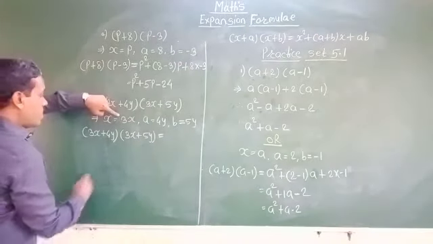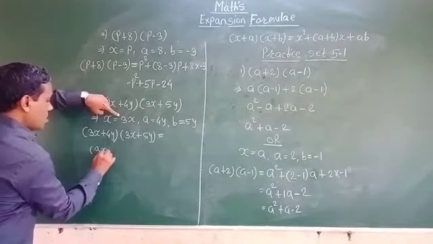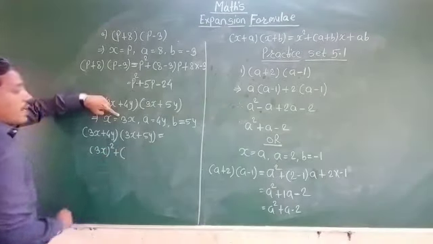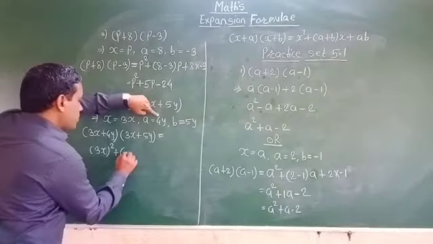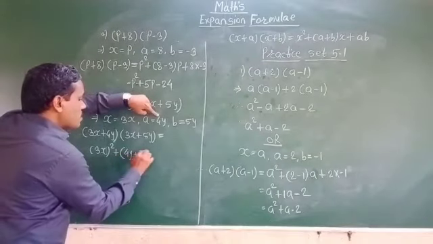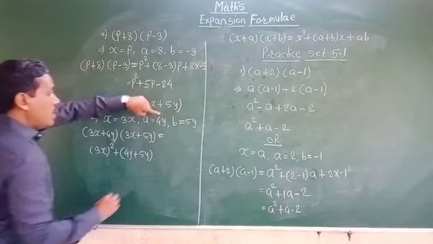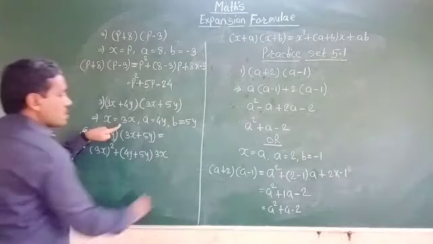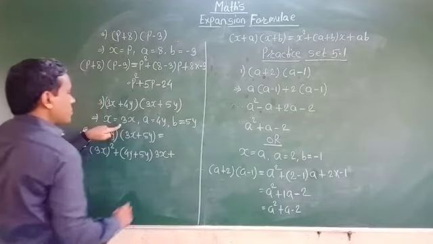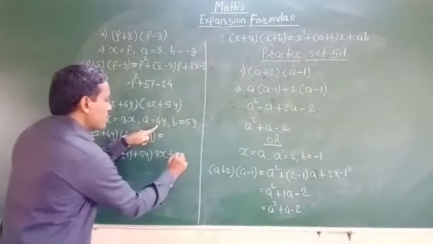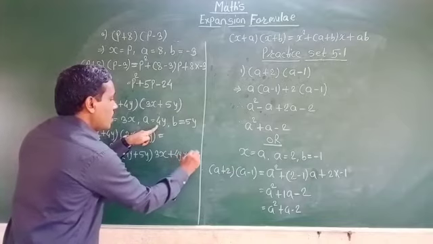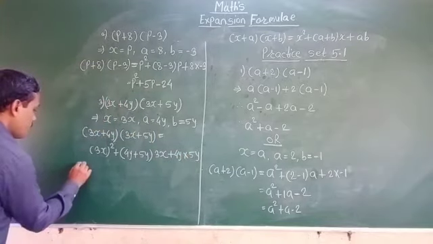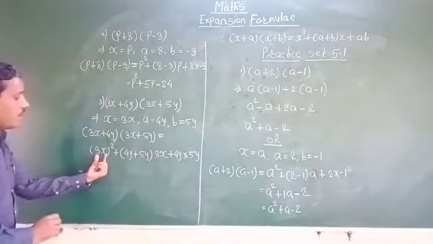x square, that means (3x) square, plus (a + b), 4y plus 5y, times 3x, plus a into b, 4y into 5y. What is the square of 3x?